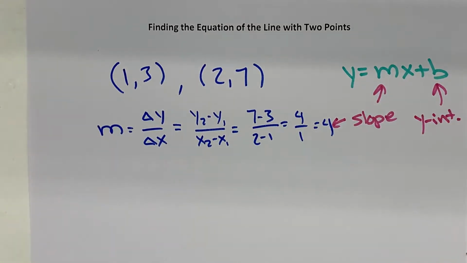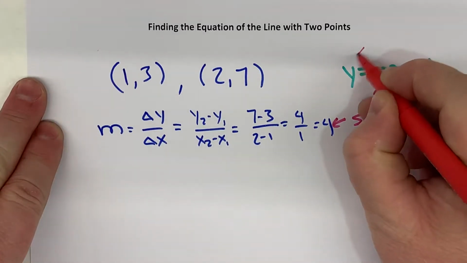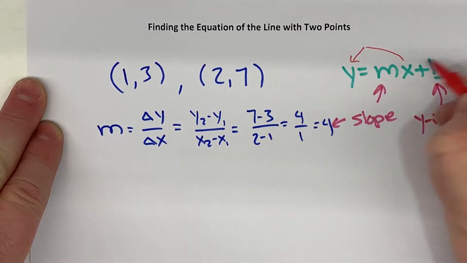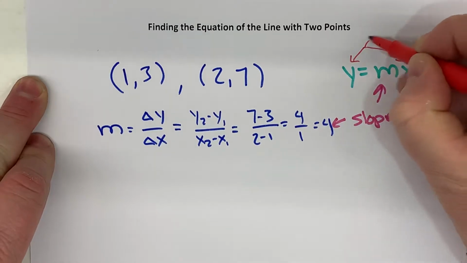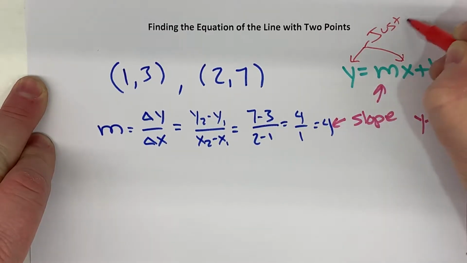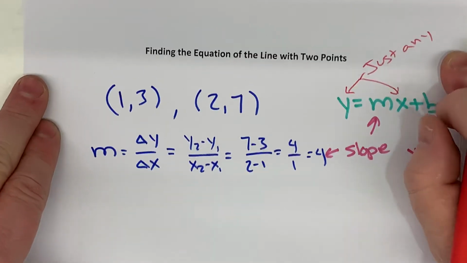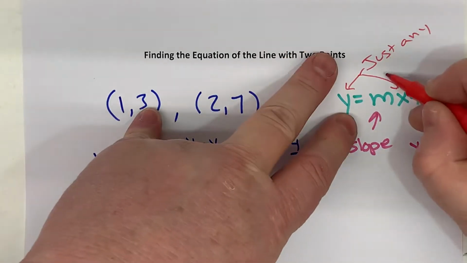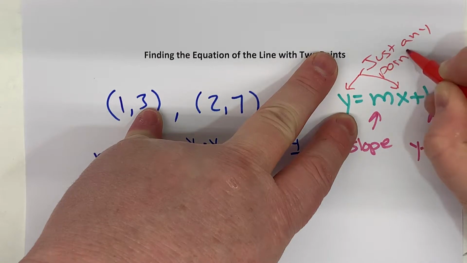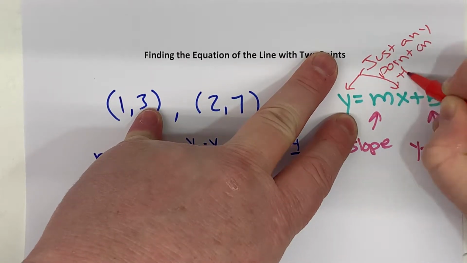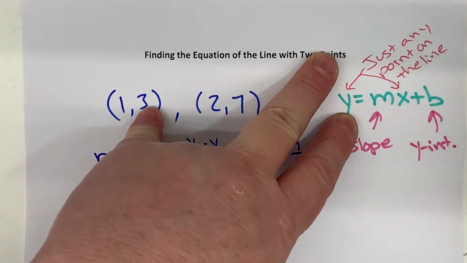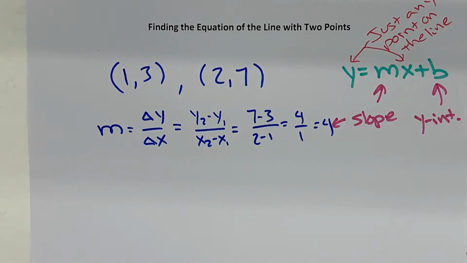Well, here's a cool trick that I don't know if you've really seen before, maybe not a trick, but just something about this equation, and it's that this y and this x can be just any point on the line.